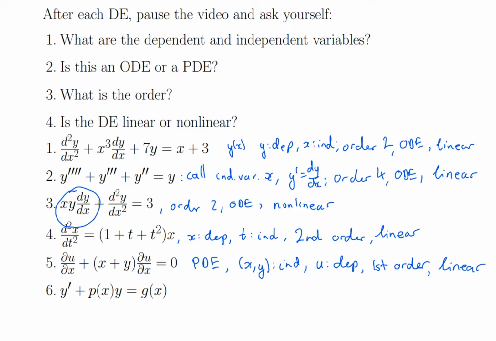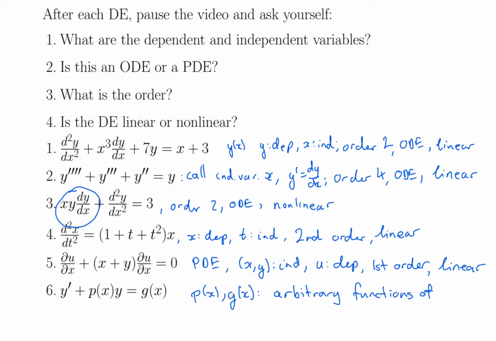This one, we see some functions of x and we see some y's and derivatives, but we don't know what those actual functions of x are. So how we interpret this is that p of x and g of x are considered just to be arbitrary functions of x. We don't know what they are. They could be any function whatsoever.